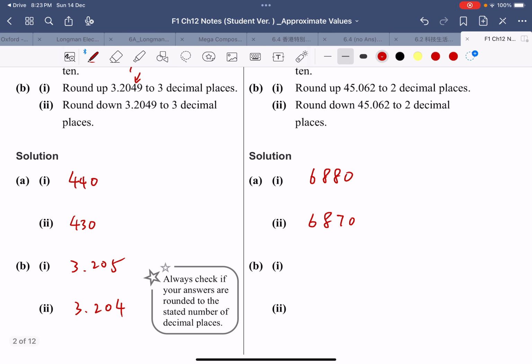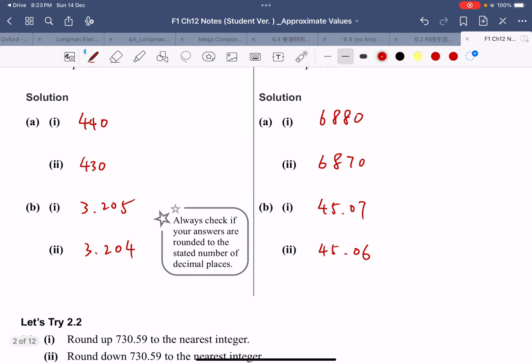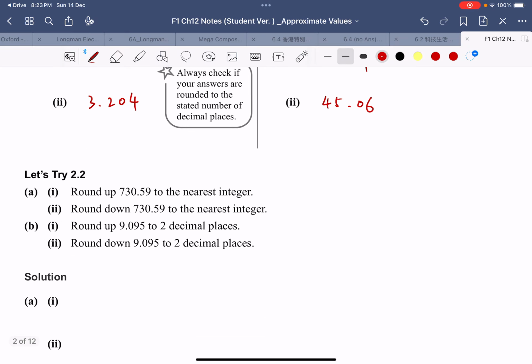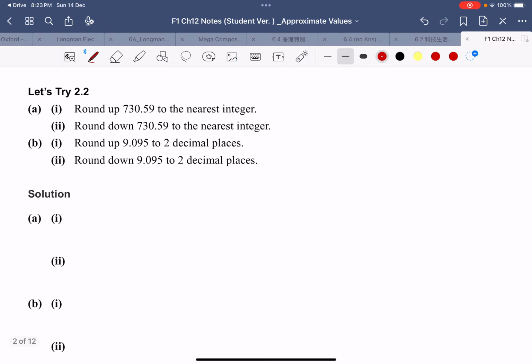Again, round up this number to 2 decimal places. 45 point. Always go up like this, and then this will become. Alright, just do round up, round down as quickly as possible in the exam, but need to be very accurate.